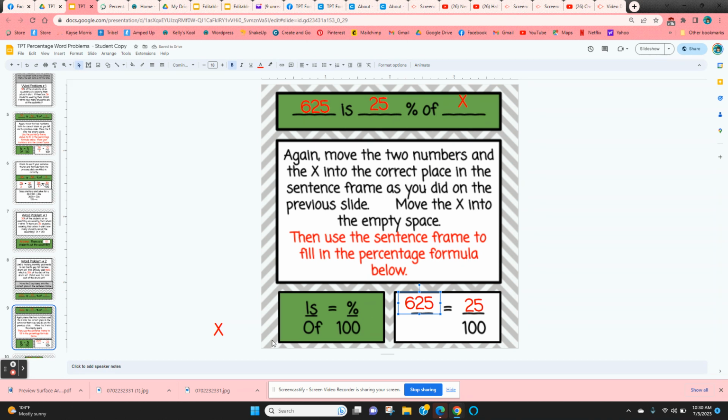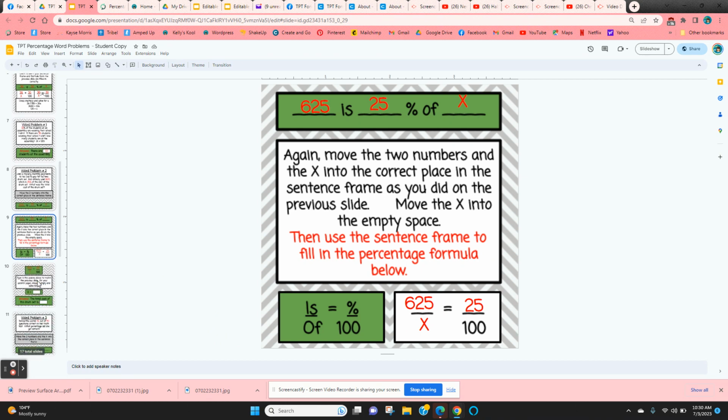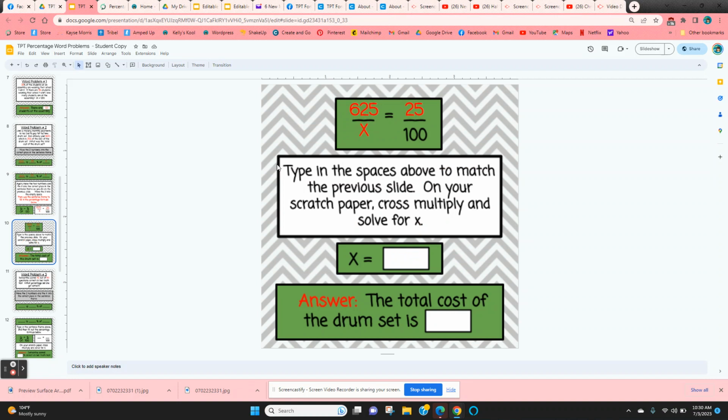And of, we don't know, so that's going to be X. Now we have them in the correct place in the formula. These were already moved into place, but they were over here. They just need to be moved into place to match the previous slide. And then on scratch paper, they're going to use means and extremes or cross products to solve for X, and that'll give them the answer for the total cost of their drum set.